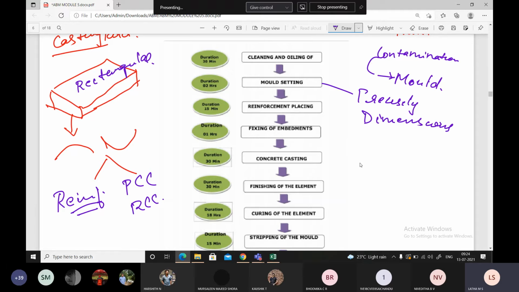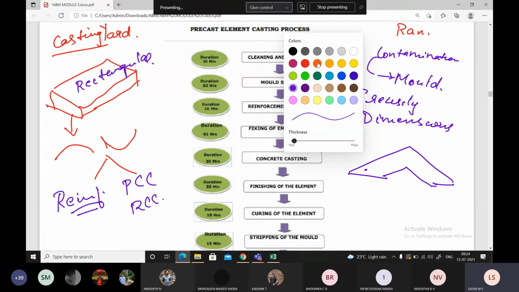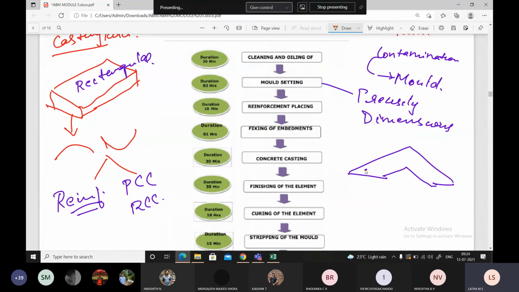So you have something like, let me say, some V section. You can think of something like this. Now you design accordingly. You have to place the reinforcement bars. This mold may stretch for a longer length.